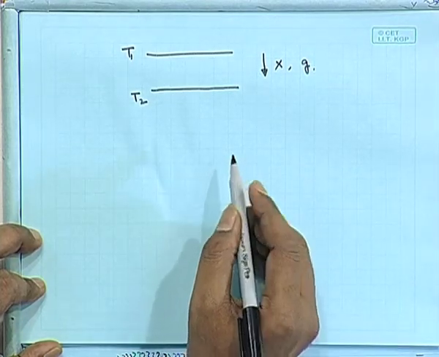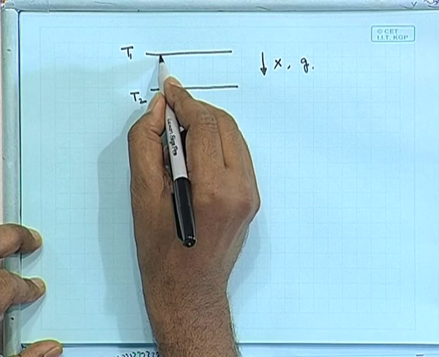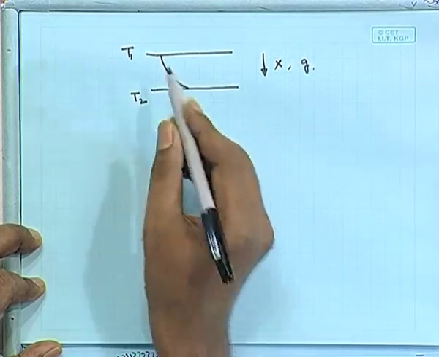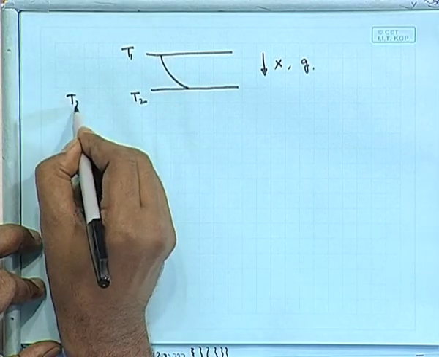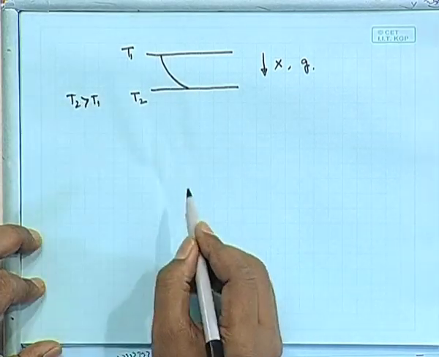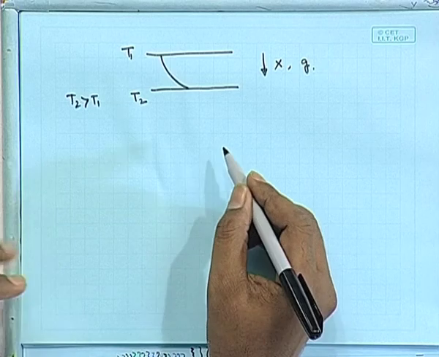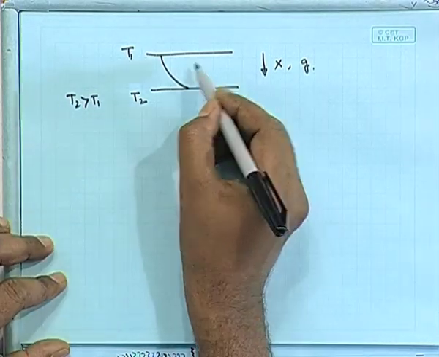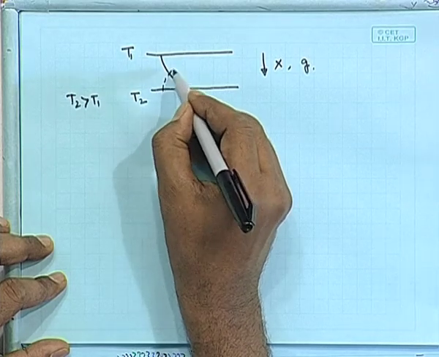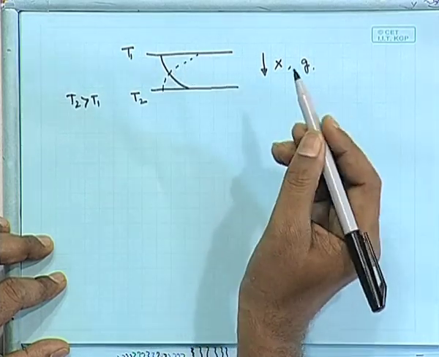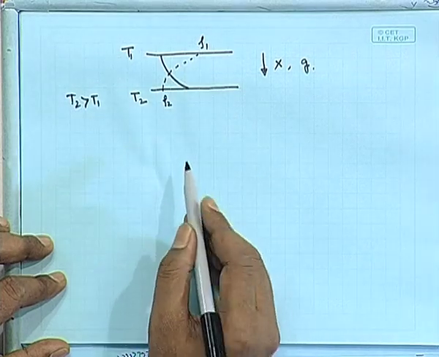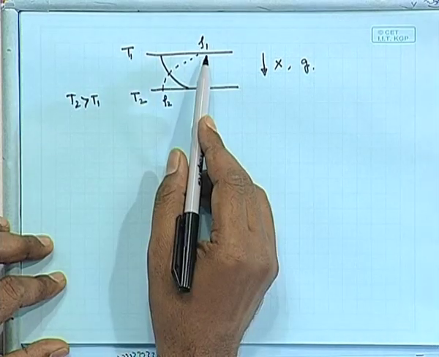The temperature profile existing between the two plates looks something like this, T2 is greater than T1. Since density is inversely proportional to temperature, the density profile will look something like this, rho 1 and rho 2. T1 is less, so rho 1 is high.